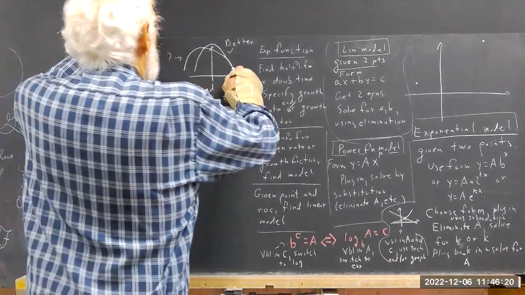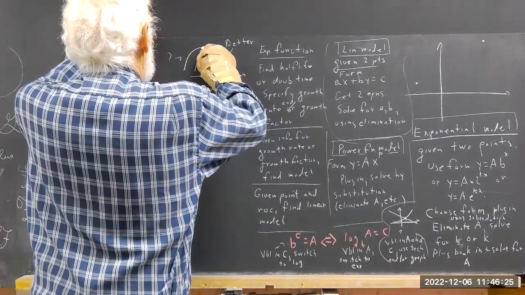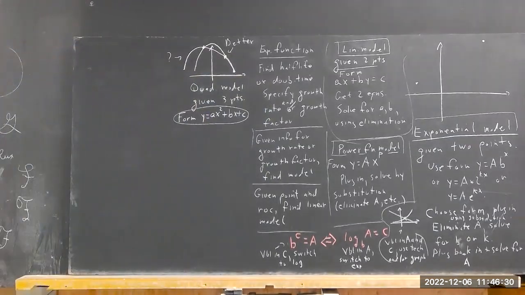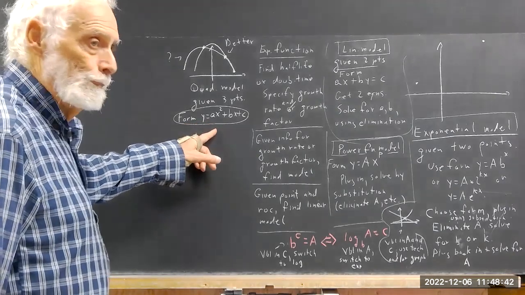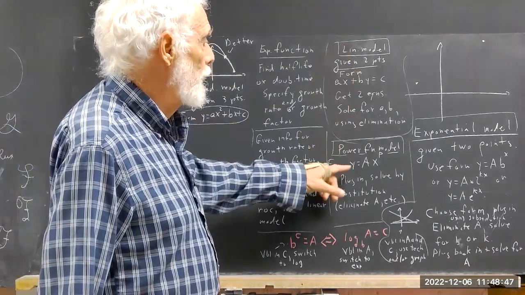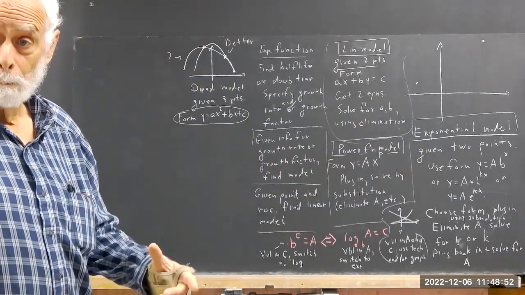Okay. Now, once you get that, you're going to just plug the x and y values for each point into the form. So how many equations are you going to get? Okay, so once we know the form, and we need to know the form of a linear, power, exponential, or quadratic function, okay?